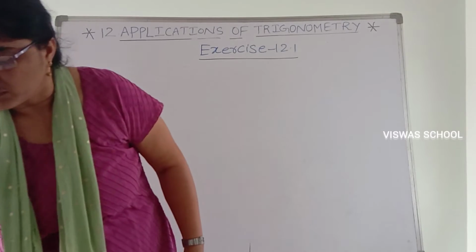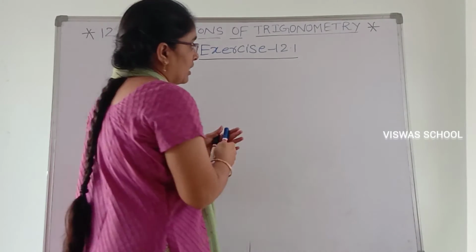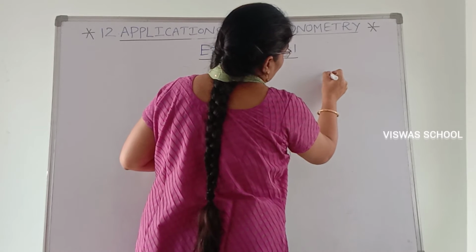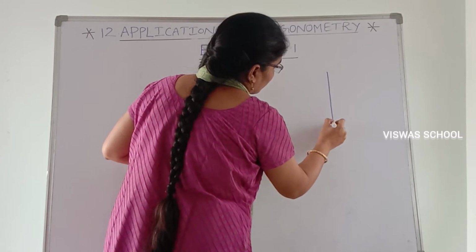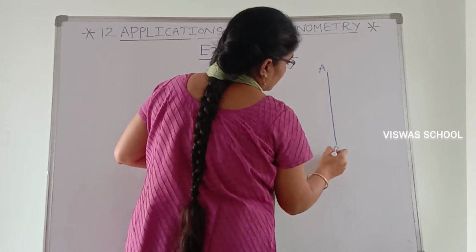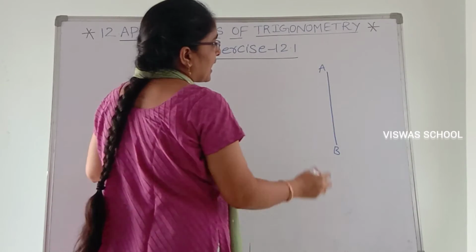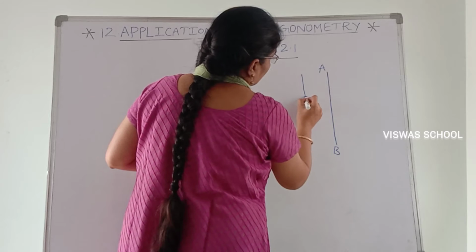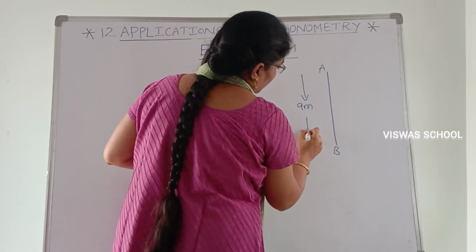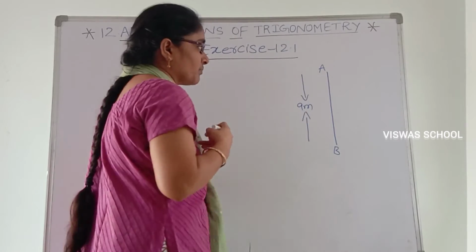First we have to take a pole here. This AB is a pole. The total height is 9 meters. The total height of the pole is 9 meters.